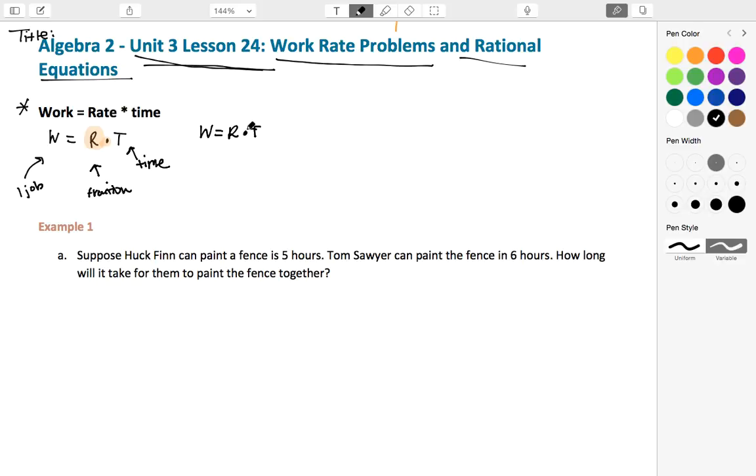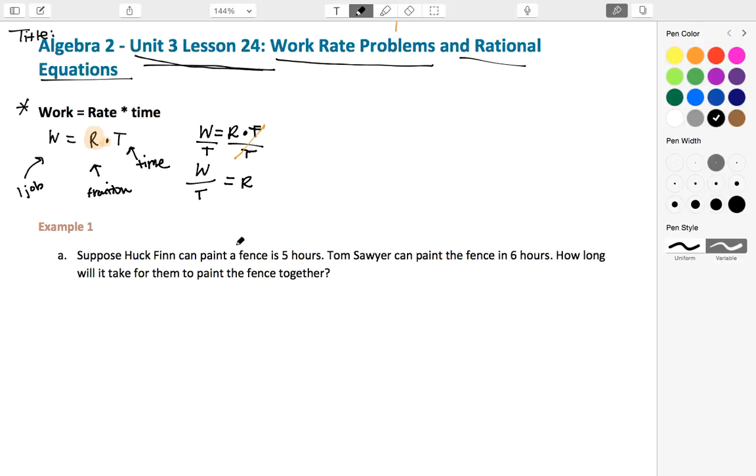So I could do rate divided by t on both sides, and the t's will cancel out, and we'll get 1 basically, and we'll get r is equal to work over time. Okay, so that's essentially what we're doing when we are comparing the work that each person is doing in a problem, okay? So let's go in more specifics.